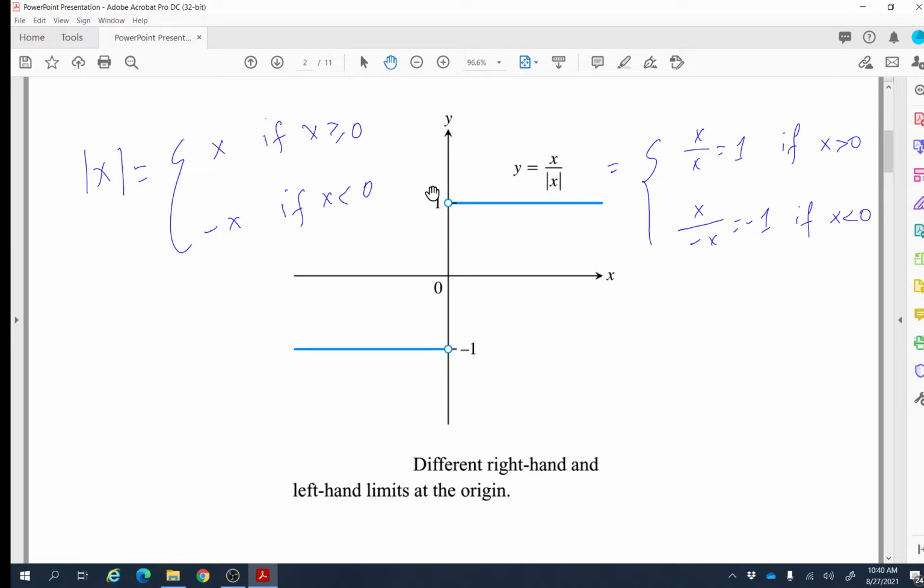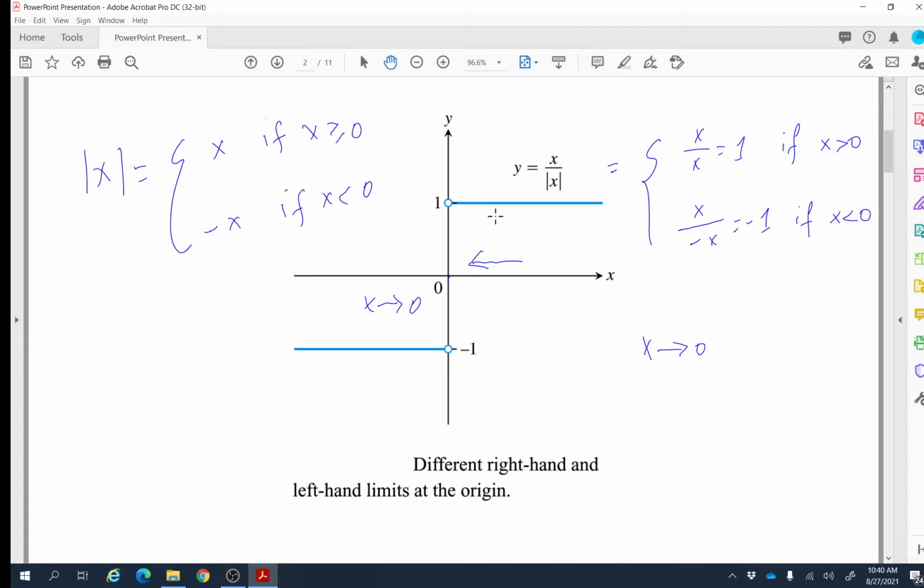So when x approaches 0 from the right side, meaning when x is coming from the right side towards 0, the value of the function is coming from this graph on the top. And when x is approaching 0 from the left side, the value of the function is coming from this graph.